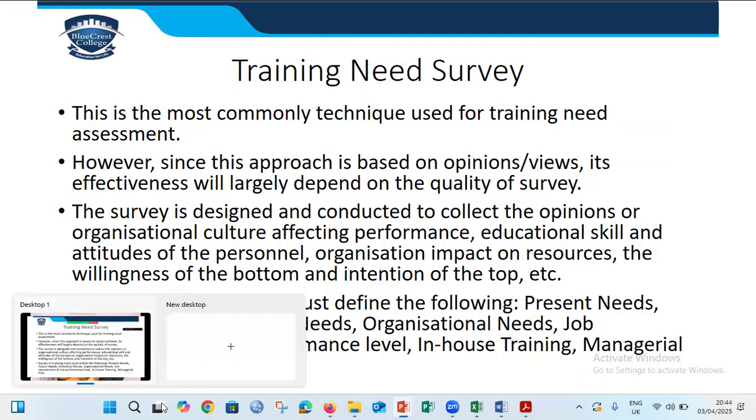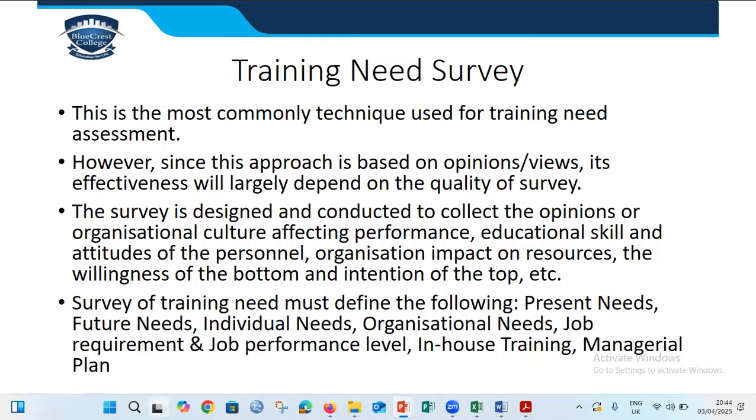So this technique requires that you administer a questionnaire or conduct a survey, and the effectiveness of whatever results you get depends on the quality of the survey that was conducted. The survey is designed and conducted to collect the opinions of personnel on organizational culture affecting performance, educational skill, and attitudes.